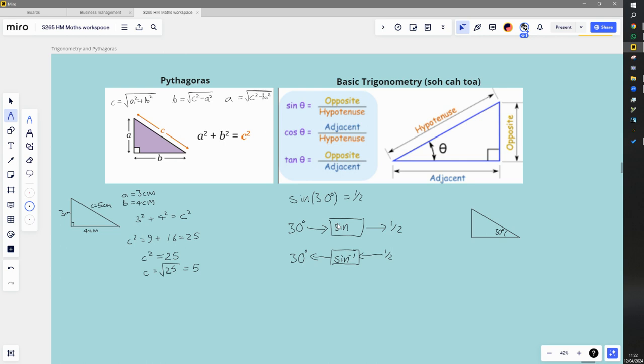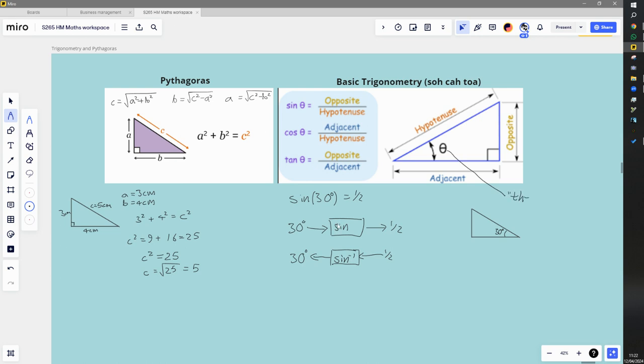The angle is what this weird letter here is. So often, we'll talk about the sides as well. Like we use symbols to label the sides, we can use a symbol that's not from the English or the Roman alphabet. This is from the Greek alphabet, and it's pronounced theta.